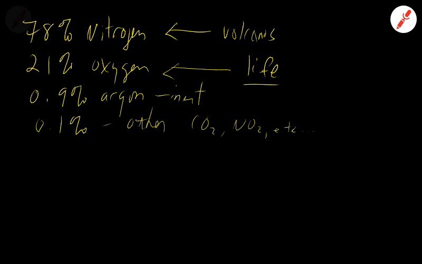These other gases, say for instance carbon dioxide, are also related to living things, and even though it is a small part of the overall atmosphere, it can have a major effect as a greenhouse gas. So just because something has a small percentage does not immediately mean that it is unimportant or can't have a significant effect.